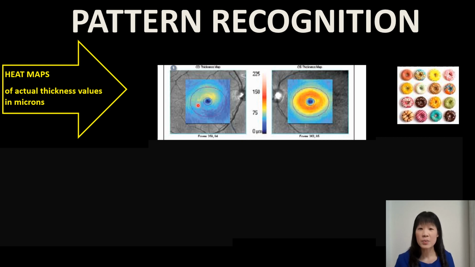The macular region in a glaucoma eye does not look like a donut. It looks like someone ate the bottom half of our yellow-orange donut. This heat map gives us the actual thickness value in microns of this macular region. And it's a heat map because the hotter values are thicker and the thinner values are colder. So that's the top row.